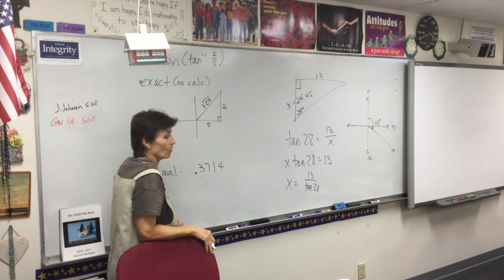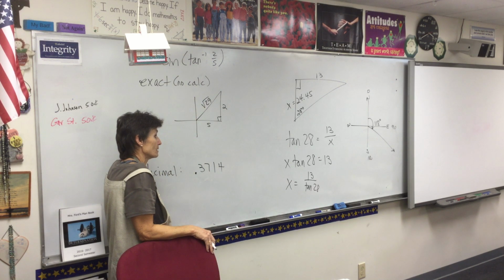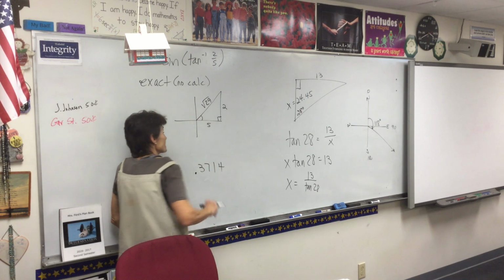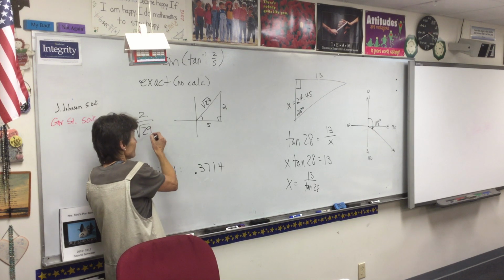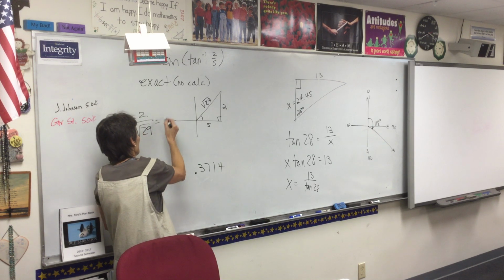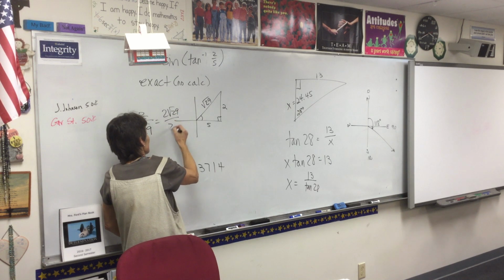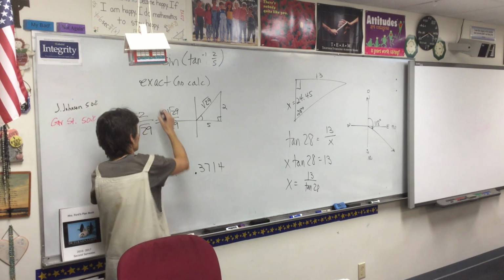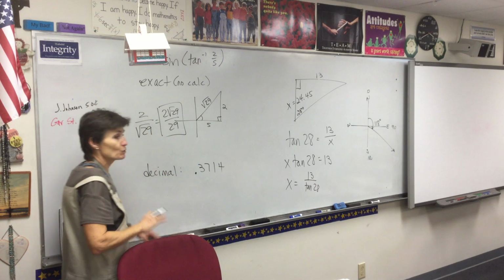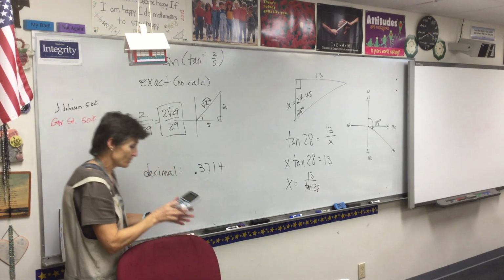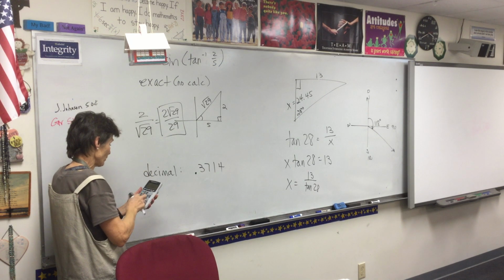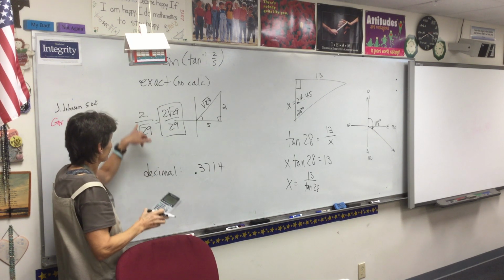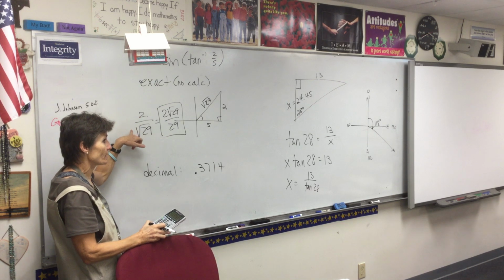So there's the picture of that. Now what do I want to know? The sine. So looking at that picture, here's your angle. The sine would be 2 over root 29 or 2 root 29 over 29. Now just for fun, would you type in on your calculator 2 divided by the square root of 29?